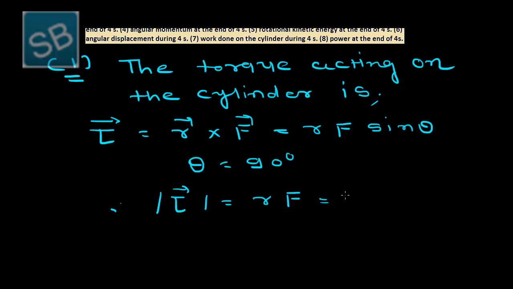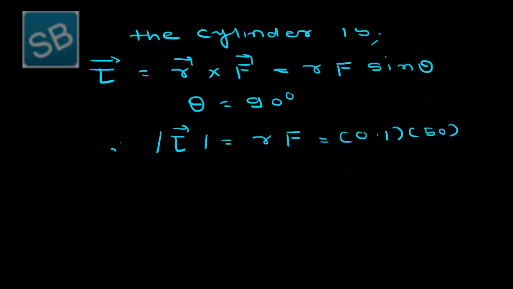So the value of r is 0.1 meter and the force has the value 50 Newton. So the magnitude of torque is equal to 5 Newton meter. The second thing we are asked to find is the angular acceleration of the body.